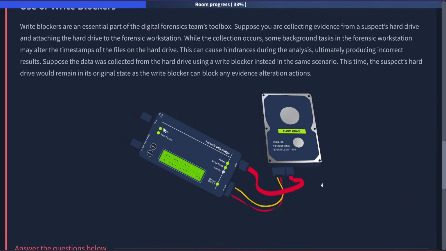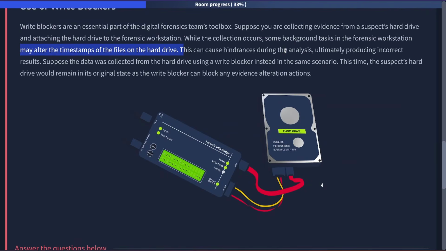My experience with these has all been physical. What they do is, when I take someone's hard drive out of their computer and plug it into another computer to analyze it, if you're not careful, your computer could interact with that and start changing things. I think in their example, it may alter timestamps on files on the hard drive.